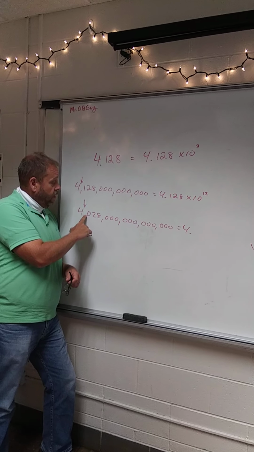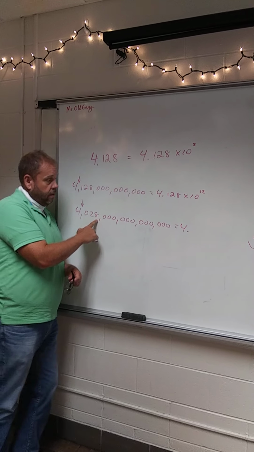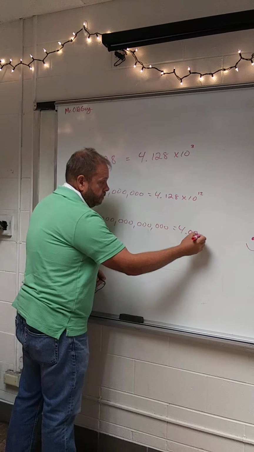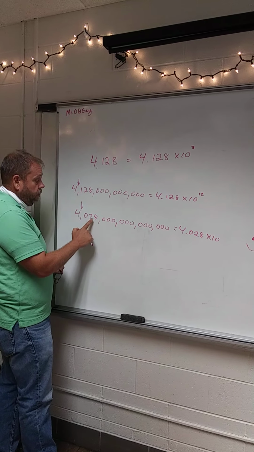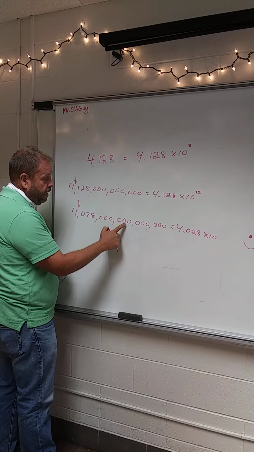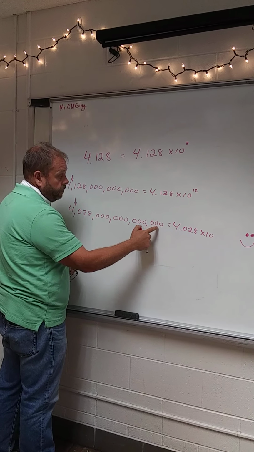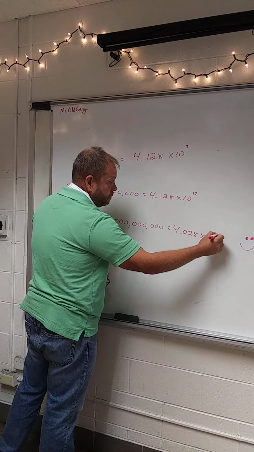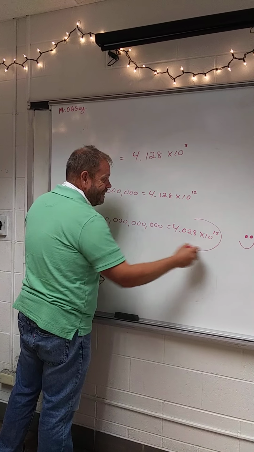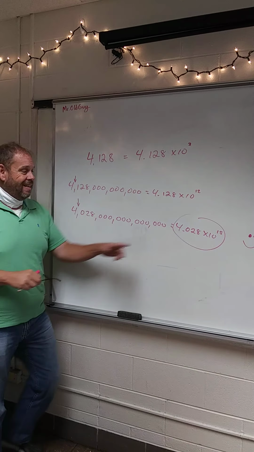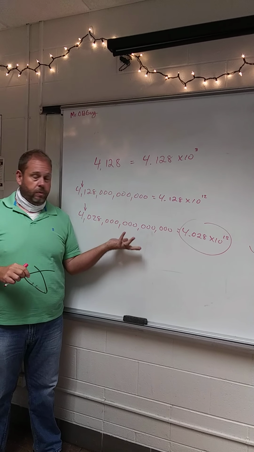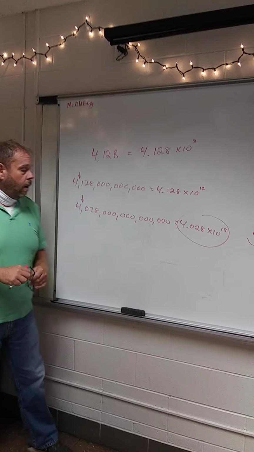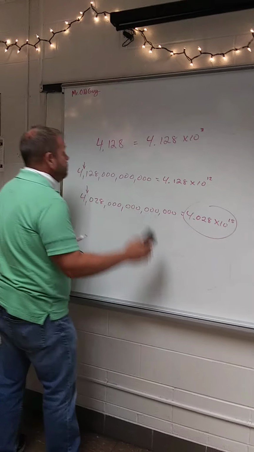So I've got to go 4.028 times 10. 1, 2, 3, 4, 5, 6, 7, 8, 9, 10, 11, 12, 13, 14, 15. So that is the same thing as this, and that's a lot easier to write than all those multitude of zeros. Okay, so let's do some negatives.